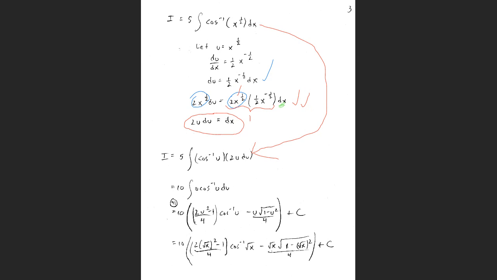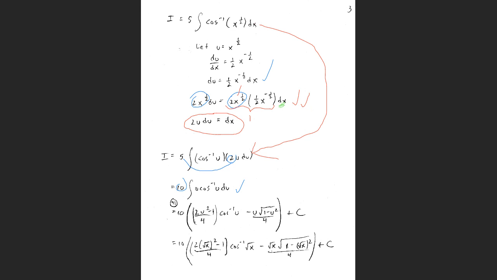Well, of course, this 2 here, I'll bring that out front, and so that gets me the 10. So I have 10 times the integral of u times the arc cosine of u, and that's a match with formula 91, isn't it? Oh, so we get out the 2 and we put the u in front of cosine.